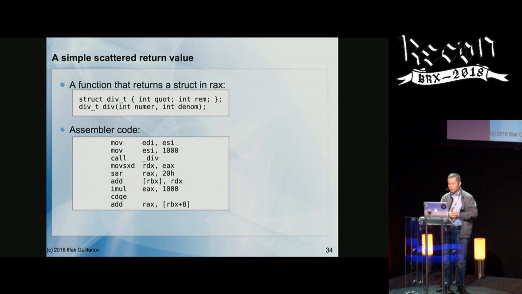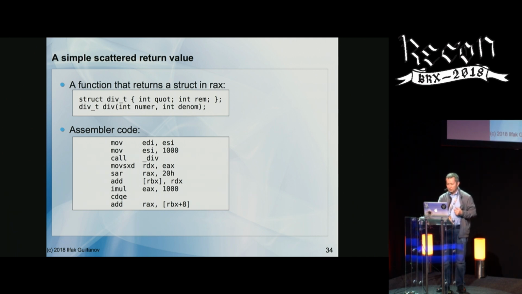I have just one small example here. Let's imagine that we have a function that returns a structure. The structure consists of two integers, and they are returned, in our case, in one register. So the whole structure is returned in one register. It's a very common situation. In the assembler code, as you see, we call the div instruction, and then we take the low part of the register EAX and put it aside, and we take the high part of the same register and extract another field from the return value.